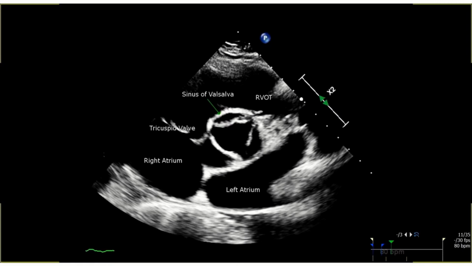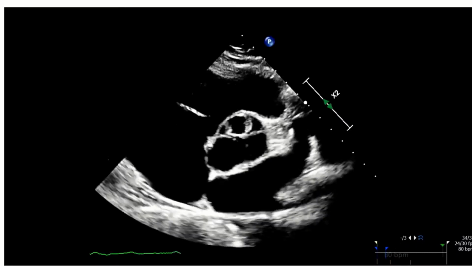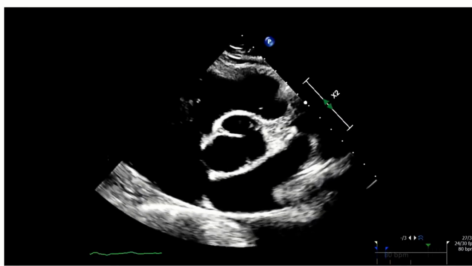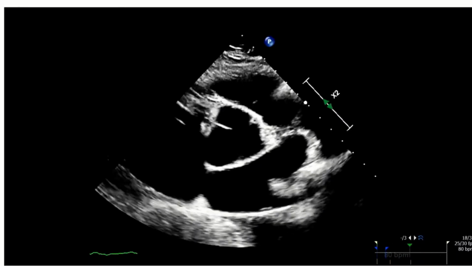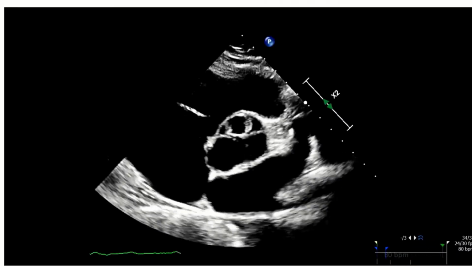If there is a communication between the left and right atrium, this would be the picture to see, and there is the right ventricular outflow tract. When we look at this, here it moves, and you can see that one of the sinuses of Valsalva is actually dilated. It just looks bigger than the other.